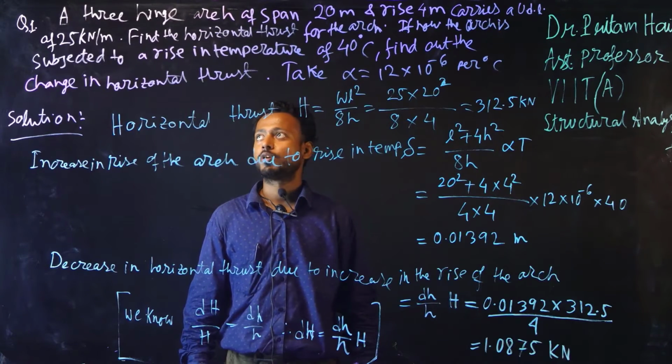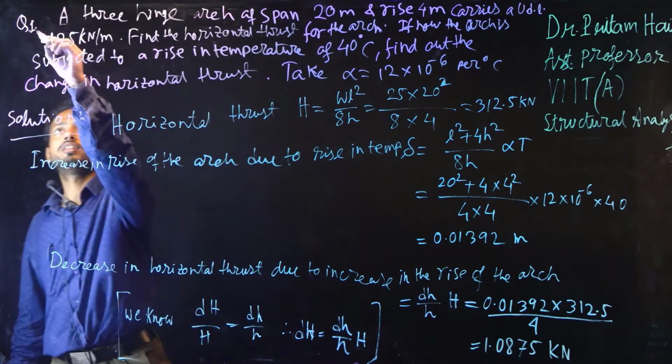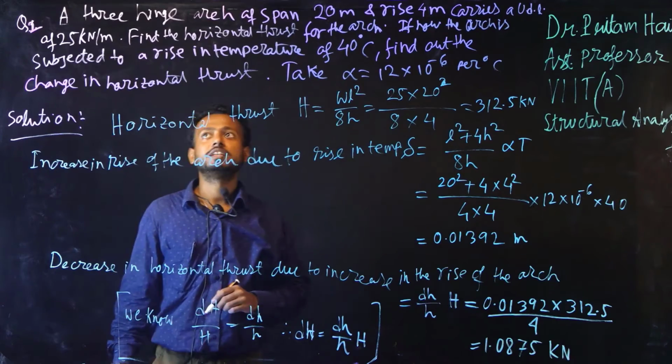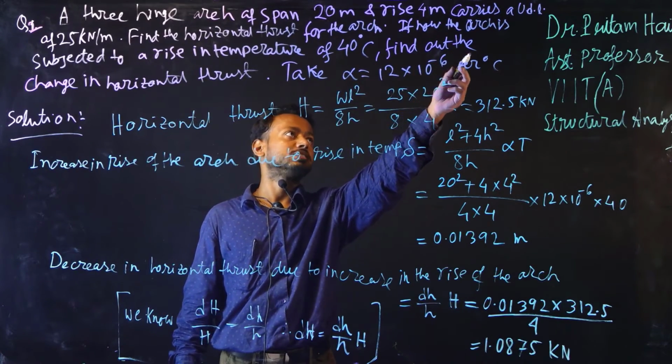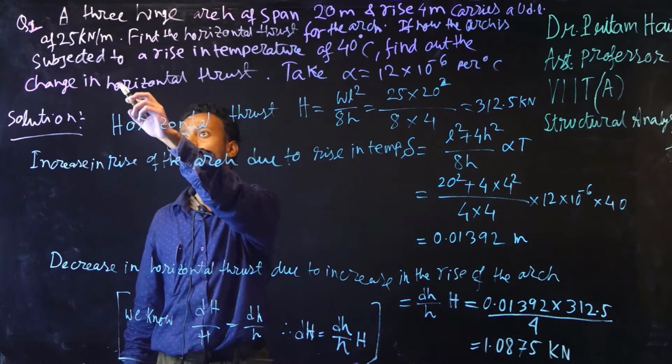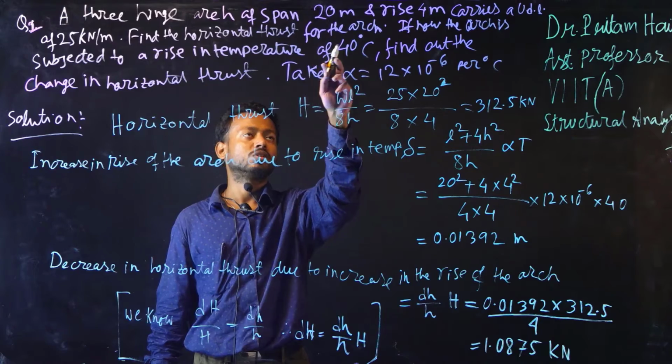So here the second problem is given. A 3-hinge arch of span 20 meter and rise 8 meter carries a uniformly distributed load of 20 kilonewton per meter. Okay, find out the horizontal thrust for the arch.